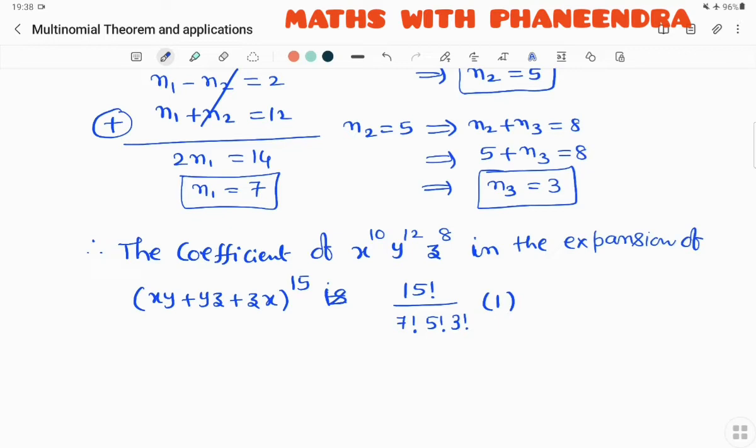Similarly in this expansion all plus only, no, so 1 power 7, 1 power 5, 1 power 3, so that is equal to 15 factorial by 7 factorial into 5 factorial into 3 factorial. This is the way whenever the power of the expansion is not equal to the sum of the powers of the given coefficient, we can do it that way.